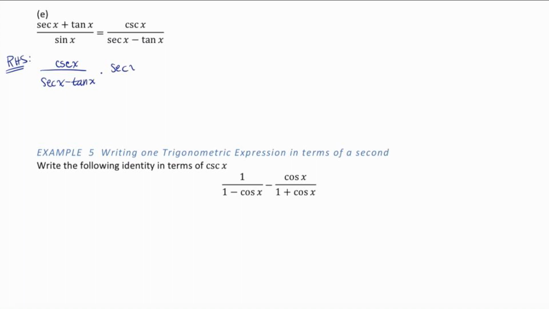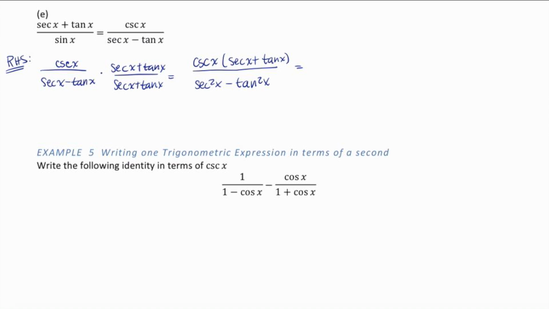So secant x plus tangent x divided by secant x plus tangent x. So in my numerator, I end up with cosecant of x times secant of x plus tangent of x. In my denominator, I end up with secant squared x minus tangent squared x. Again, another difference of squares.